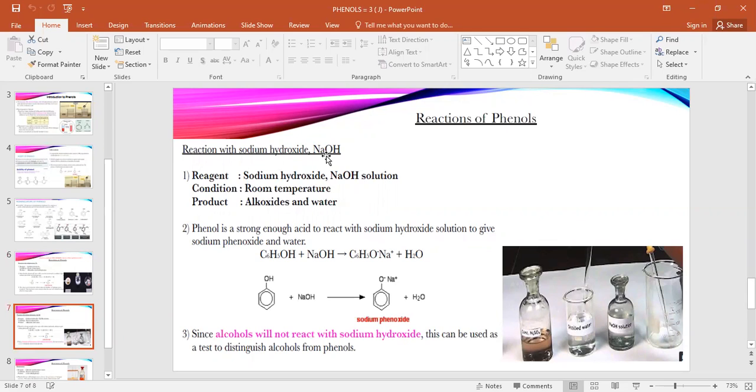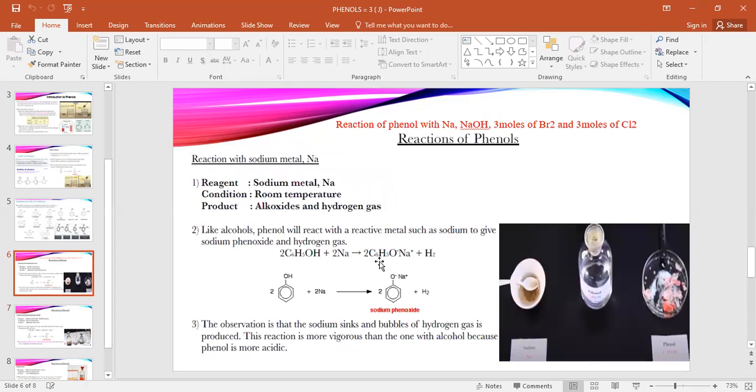When phenol reacts with hydroxide, the product is the same as with metal. Replacement of H with Na. And from here one H and from here OH, it will become water. The product is the same, sodium phenoxide, as when you start the reaction with the metal.